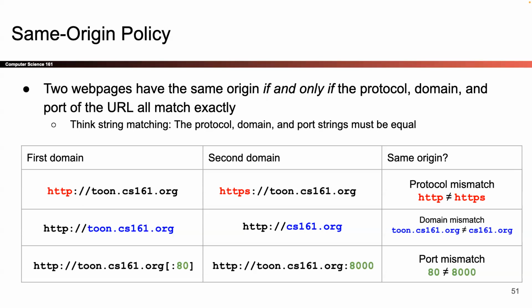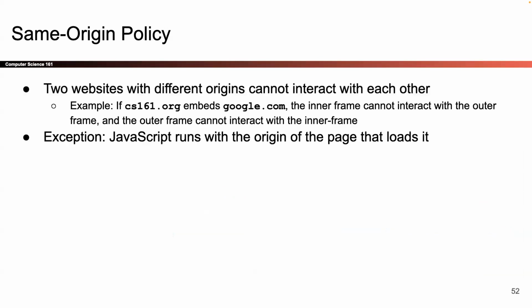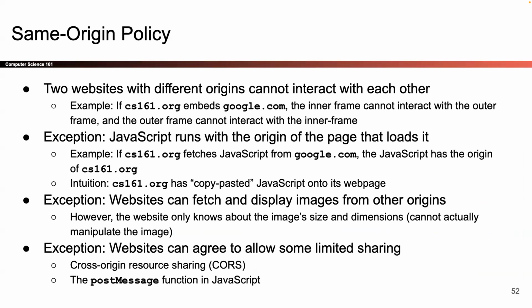Same origin policy would strongly believe maps.google and images.google are different people, but we kind of know they're probably the same mega corporation conglomerate. And so if you use cross-origin resource sharing, now those two websites can talk to each other. Great question.